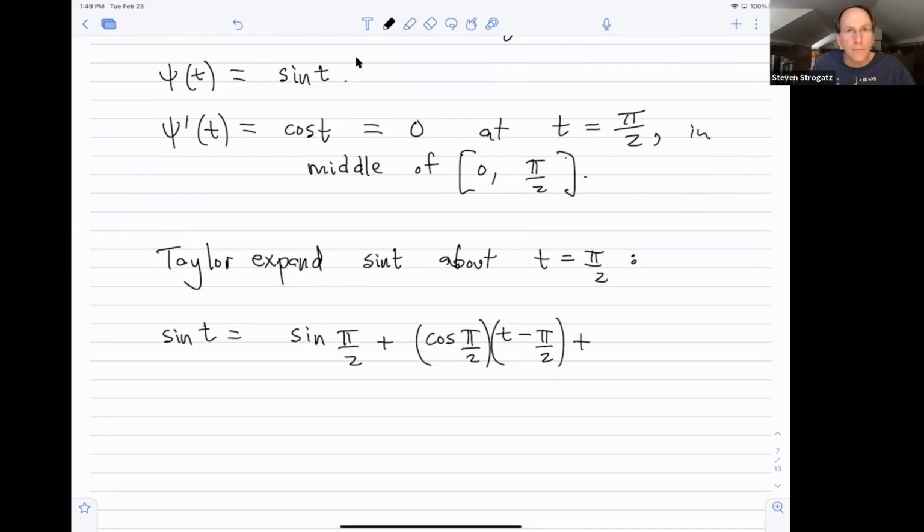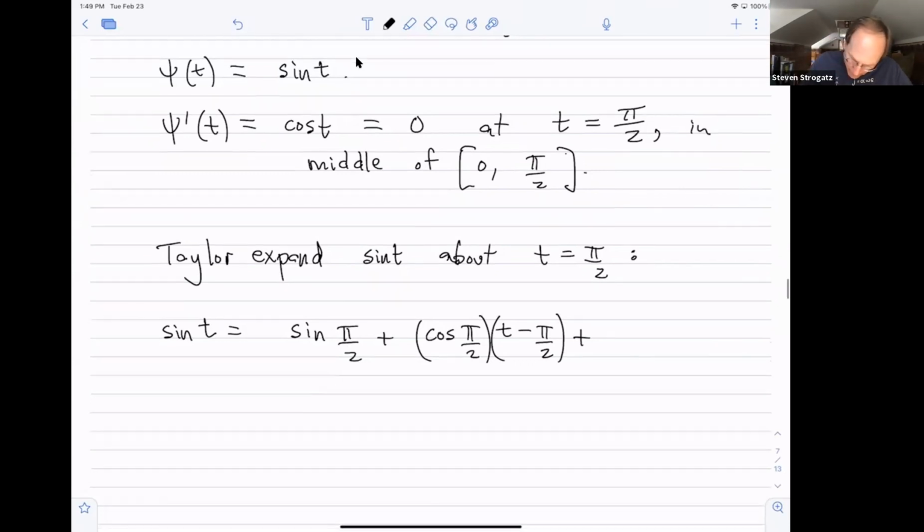plus, take the second derivative of sine, that's now negative sine. So the negative sign gives me a minus, then I have 1/2 because it's a Taylor expansion, so I expect 1/2 psi double prime. So 1/2 sine at pi over 2, and then t minus pi over 2 all squared, and plus dot dot dot.